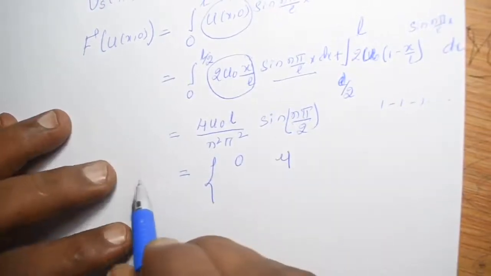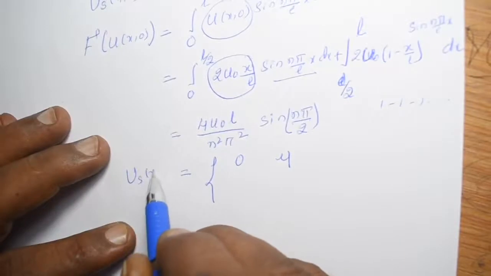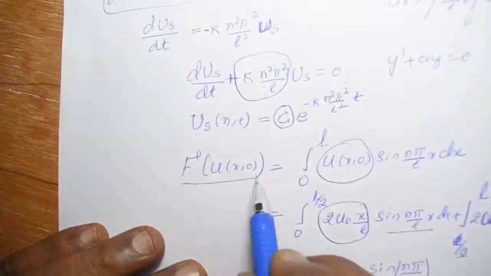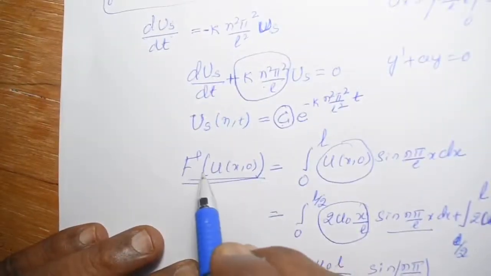That's why this term can be written as 0, so capital U_s of x, because I am going to write this as capital U after Fourier transformation.